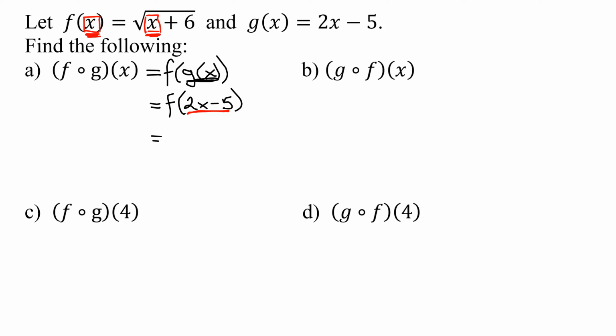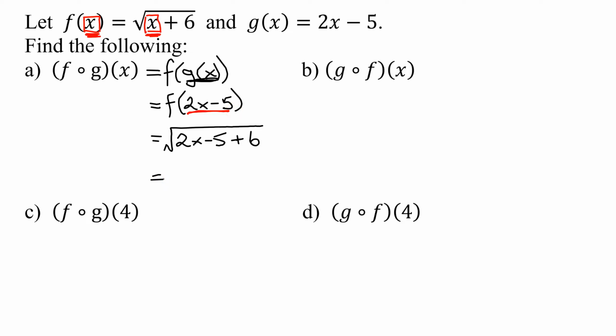So let's just do that. So f of x says take the square root of my placeholder, which is 2x minus 5, plus 6. So all I did was replace this x with 2x minus 5.